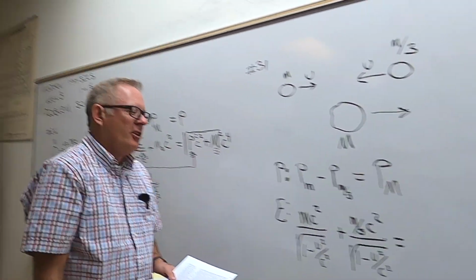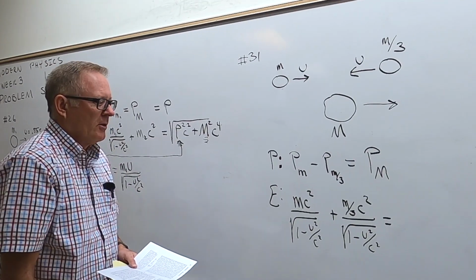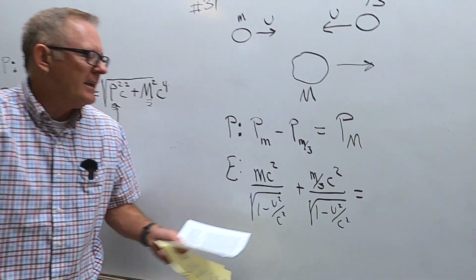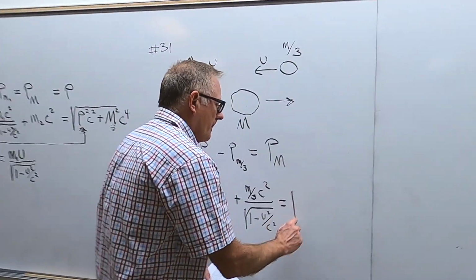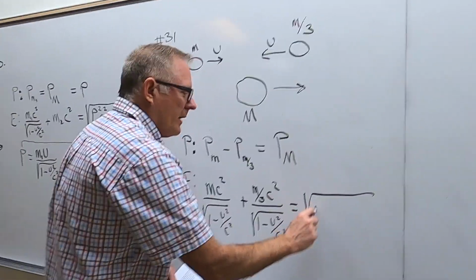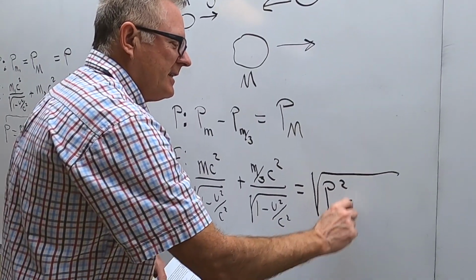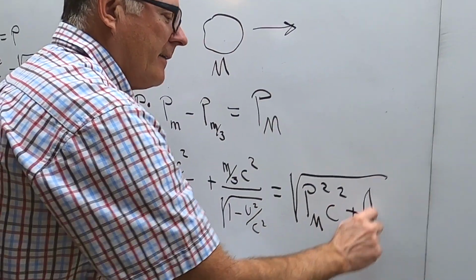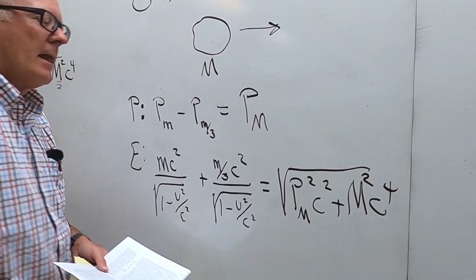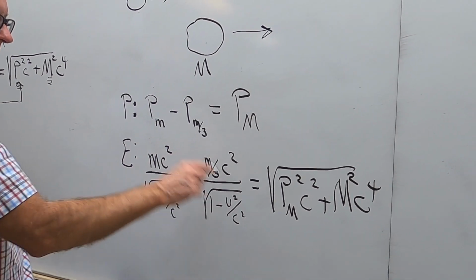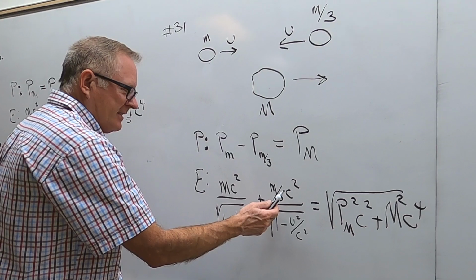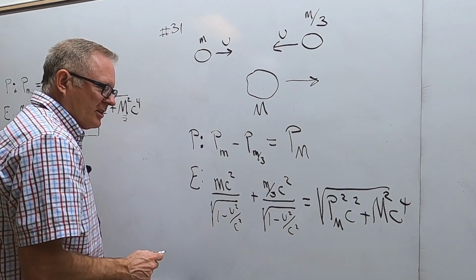Now, they didn't give me the u, and they didn't ask for the u, so I'm probably not going to use this same equation. If they gave me u, I would, but I'll probably go back and use this one right here, since my other equation has momentum in it. So it'd be the square root of this momentum squared, p sub M squared c squared plus big M squared c to the 4th. Well, I know everything here, but I could add them together because when I add these two together, it's just going to be 4/3 m.